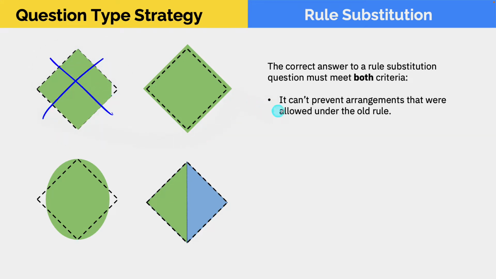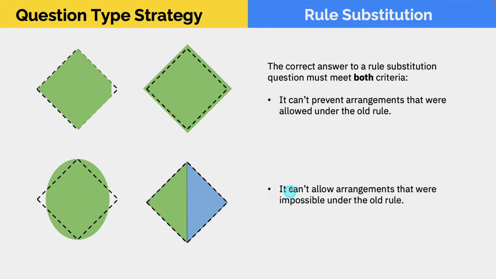This criteria is also something that would allow us to get rid of this shape because, again, it's leaving certain corners unprotected. These were arrangements of variables that were allowed under the original rules, but this is now not being allowed. They're not being protected. So this is gone. The second criteria that the correct answer has to meet is that it cannot allow arrangements that were impossible under the old rule, the rule that we're trying to replace.